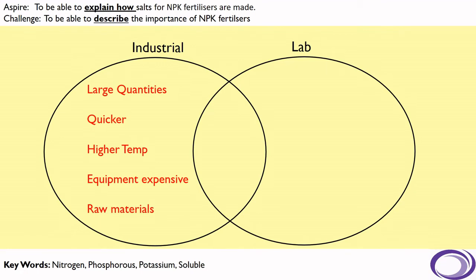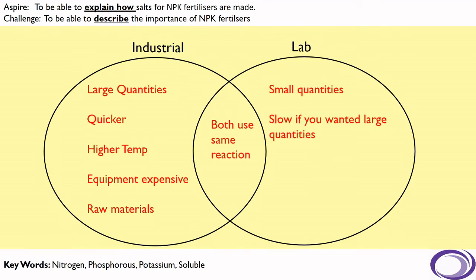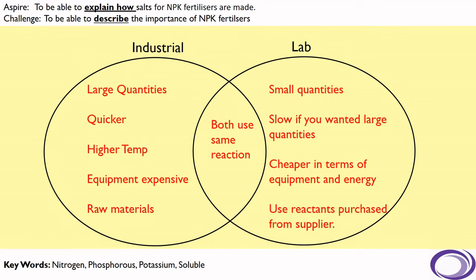And you are using raw materials, which technically can be cheaper. Both of these processes use the same reaction overall. The lab produces small quantities, slow if you wanted large quantities. So if you wanted a large amount of ammonium sulfate, you would have to keep repeating that method until you obtained it. They are cheaper in terms of the equipment and the energy that is being used, and they are using reactants that are purchased from a supplier.